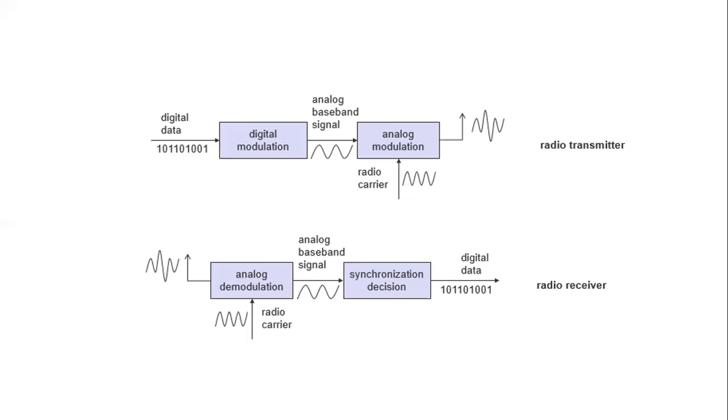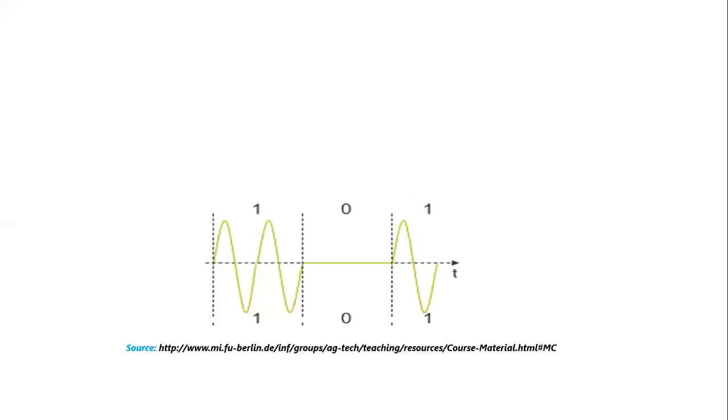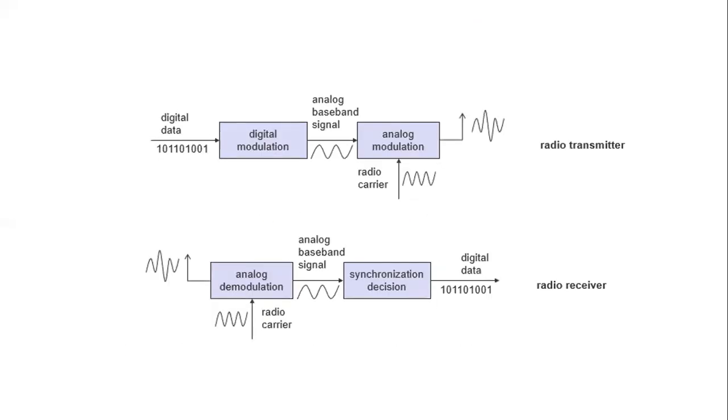And that can be done by any one of three techniques: amplitude shift keying, frequency shift keying, and phase shift keying. But that conversion alone is not sufficient, because after converting it to an analog signal, the signal should also go through analog modulation, so that the frequency of the signal will match the carrier frequency, and then only it can be transmitted.